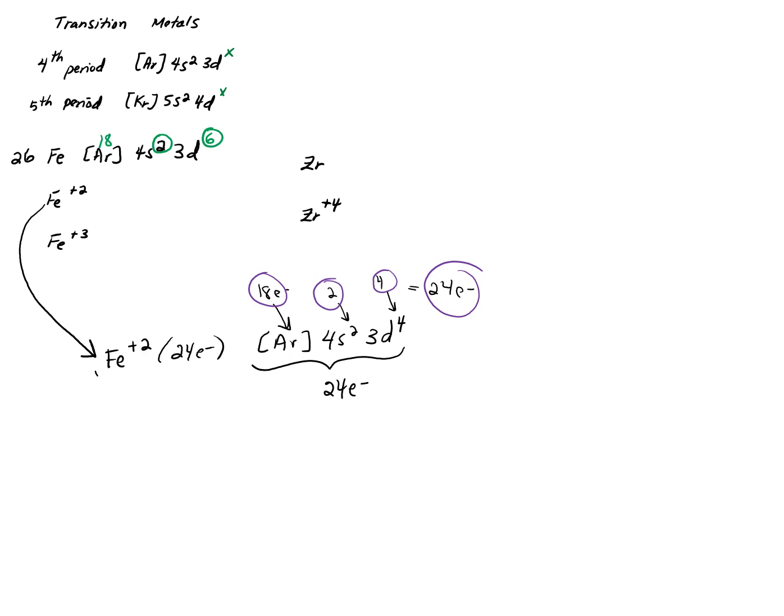Valence electrons are the ones that are being transferred. Valence electrons are the electrons that you have in the highest energy level. If you look at your electron configuration for iron, no charge, the neutral one, you have argon 4s2 3d6. Your s electrons are in the fourth energy level.